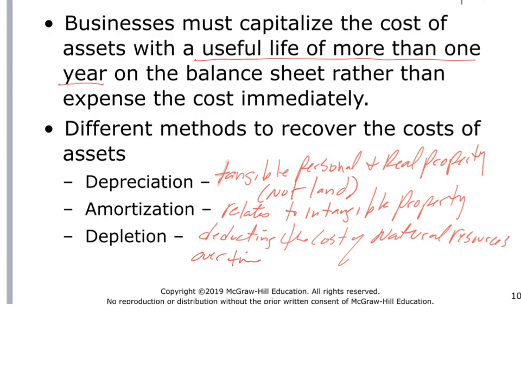Okay, so all three of these things, depreciation, amortization, and depletion, are methods of cost recovery, but they relate to different types of assets. And so it's important to keep those different types of assets straight.